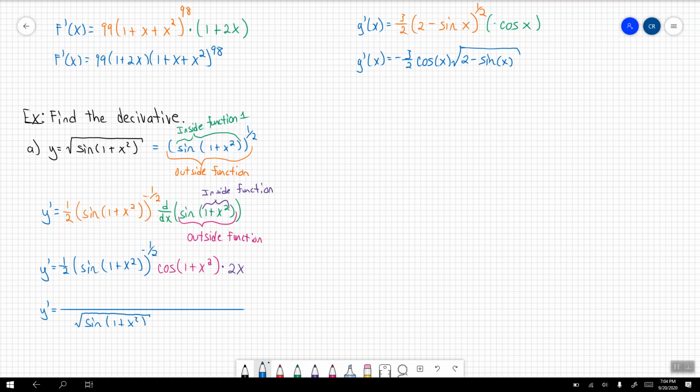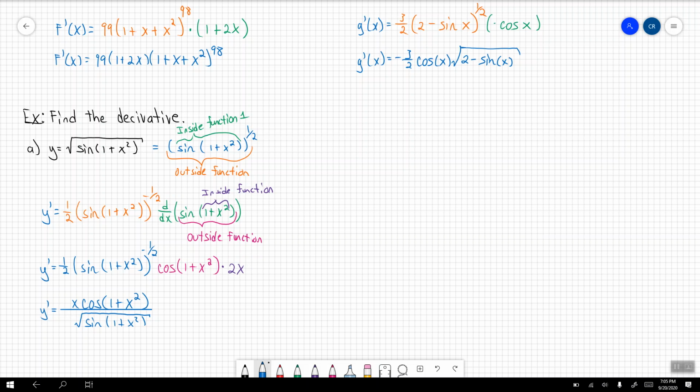Again, that was my square root. Perfect. On my numerator, notice I have a half and a 2, and when they multiply, they will multiply to 1, which means my numerator is left with x times cosine of 1 plus x squared. And there is my derivative. All nice, neat, concise, and more importantly, consolidated and factored.